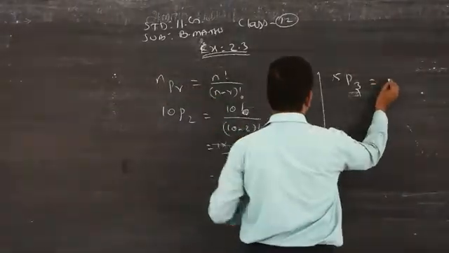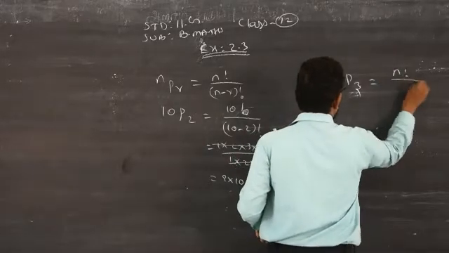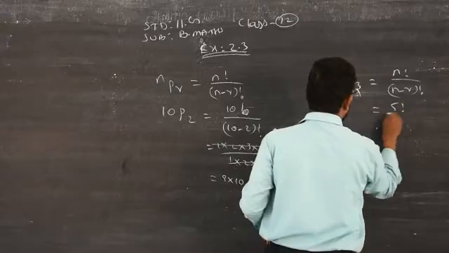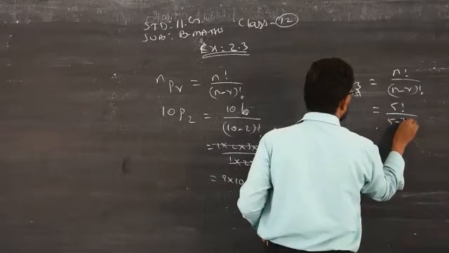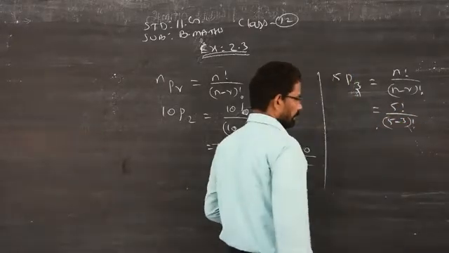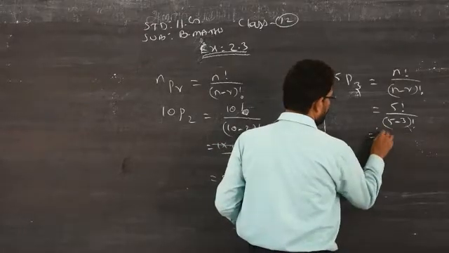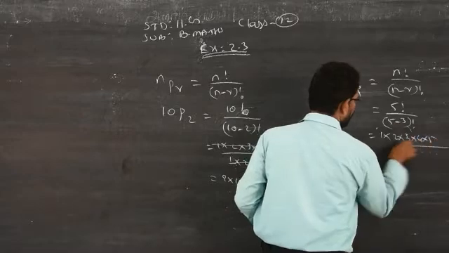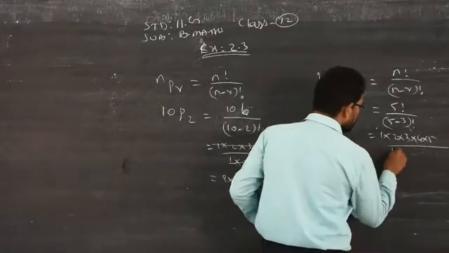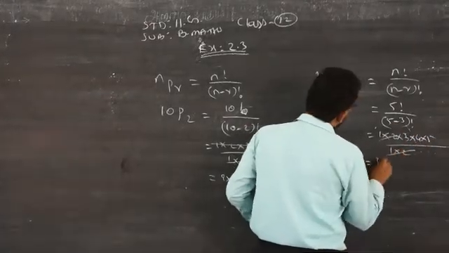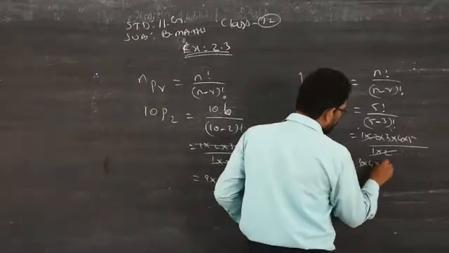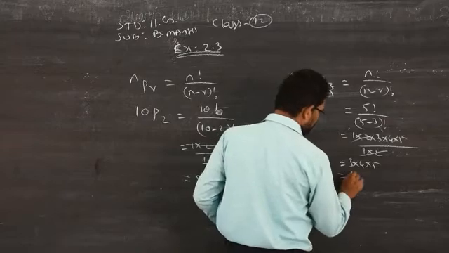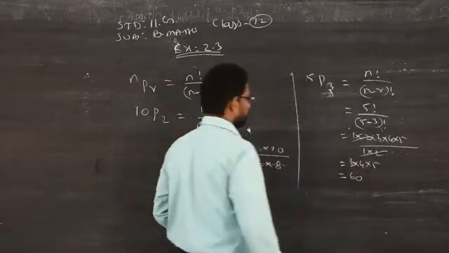Again the formula is n factorial by n minus r factorial. n is 5 factorial over 5 minus 3 factorial. You know how to write 5 factorial, 1 into 2 into 3 into 4 into 5. 5 minus 3 is 2, that is 1 into 2. Cancel, get 3 into 4 into 5. So what will be the answer? 3 4s are 12, 12 5s are 60.